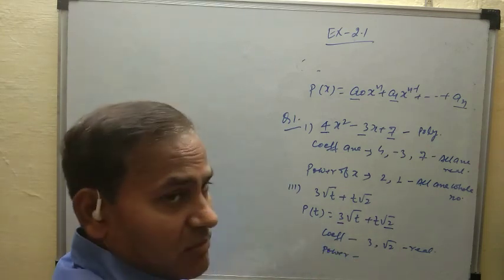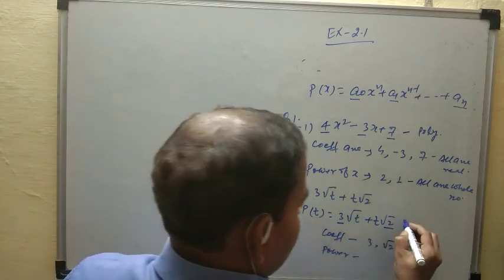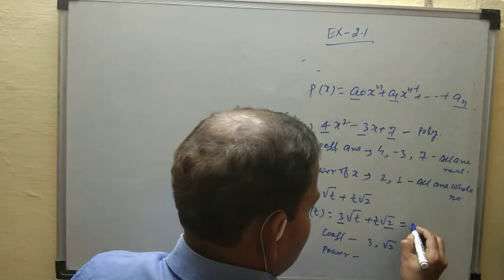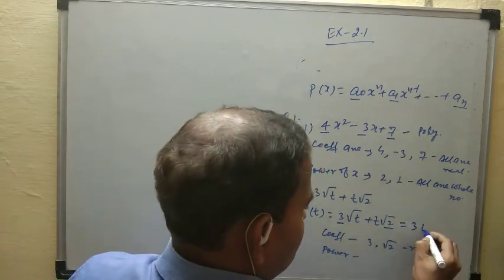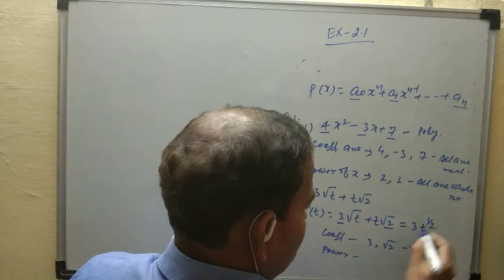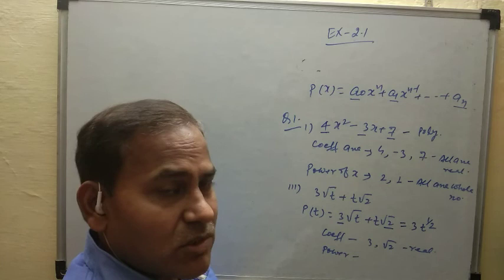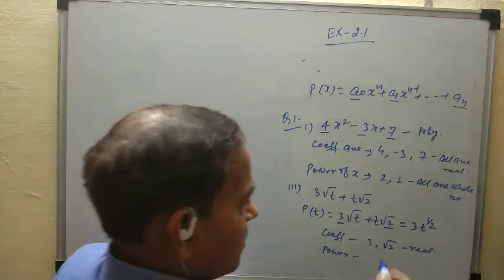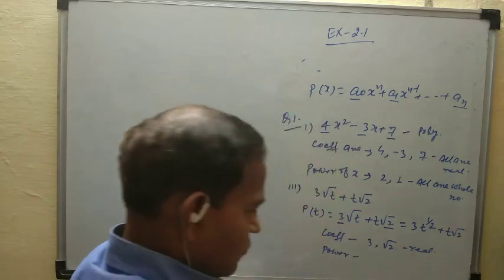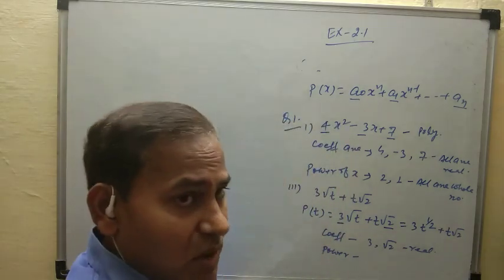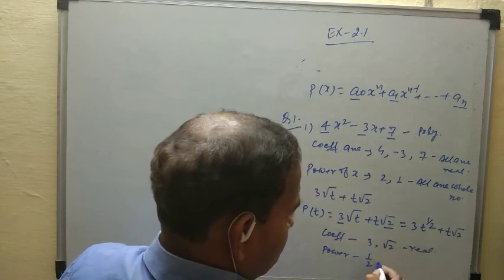And the power of the variable term. Here the variable term is t. This is written as 3 root t, and root t can be written as t to the power 1 by 2, and plus t into root 2. So what are the powers? Here power of t is 1 by 2.